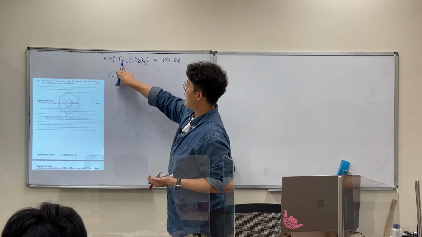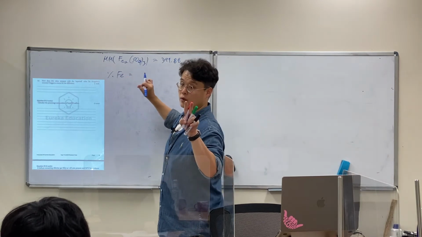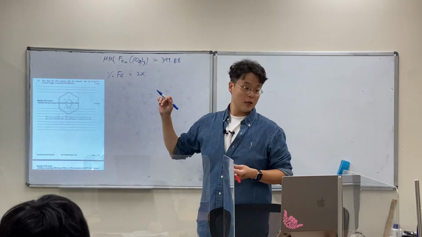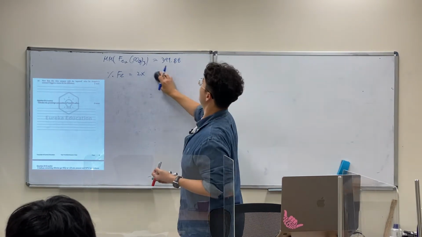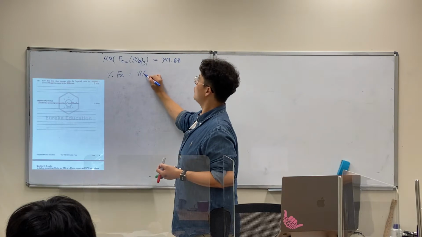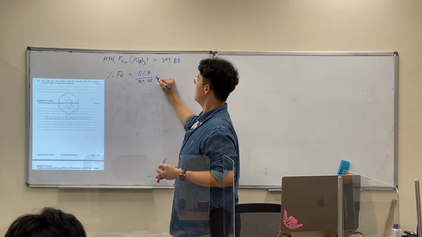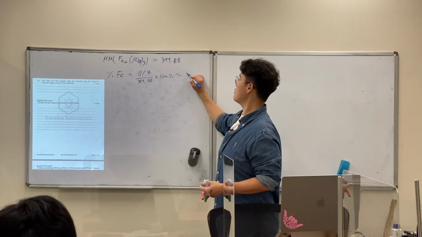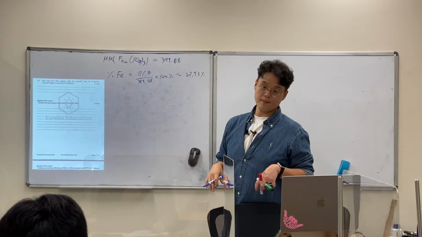We have 2 irons, so 2 times iron is 111.7, divided by 399.88 times 100%. Then you should have that as 27.93%.